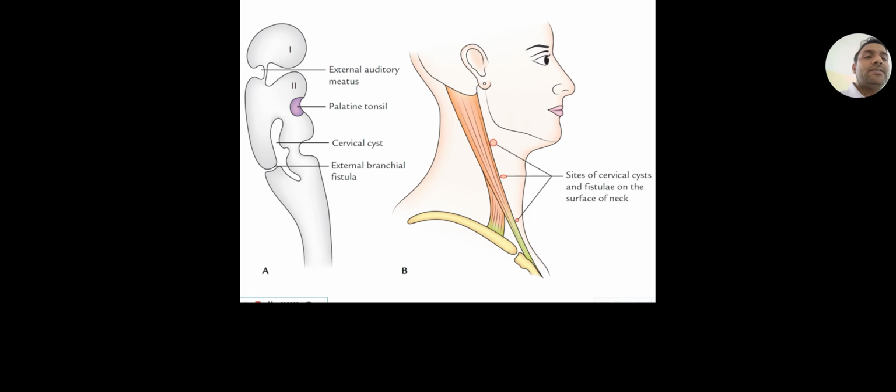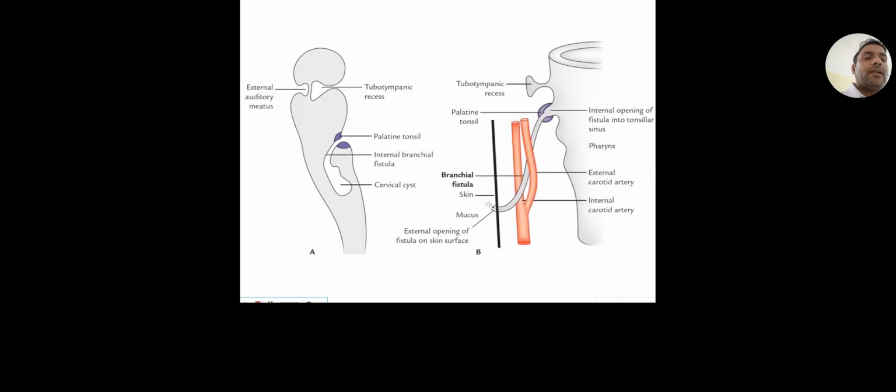Sometimes it may open inside, forming an internal fistula, or sometimes it will not open and forms a lateral cervical cyst. So you can notice these are the ectodermal clefts and the endodermal pouches. Just remember one thing: earlier the ectodermal cleft was thought to form the external acoustic meatus, but that is not the case now. So I hope you understood. Thank you.